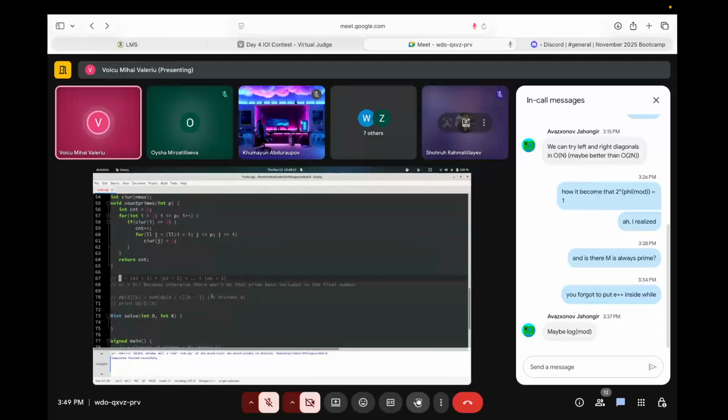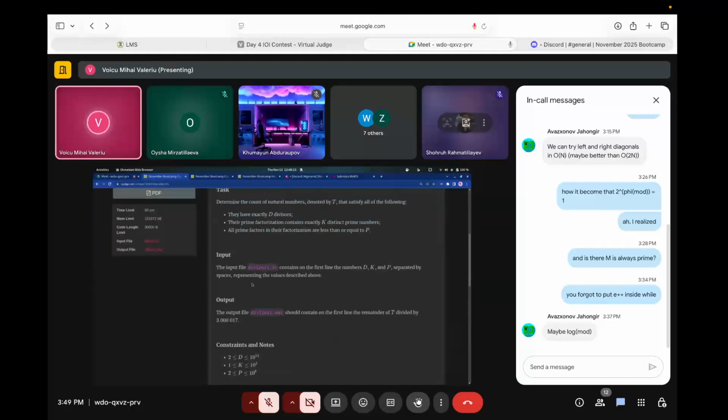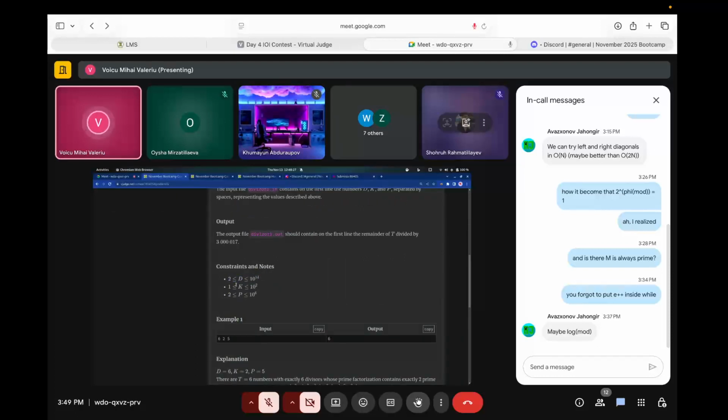And then fixing another subdivisor of D would also be 10 to the power of 4 times K. It will surely time limit for a suitable selection of D.